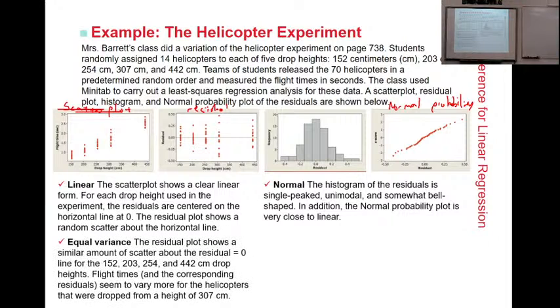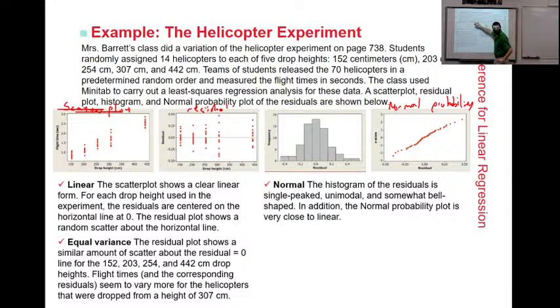Equal variance. This one's a little bit of a concern because we have these discrete different heights. And so we want the variance between those heights to be the same. If I look at the residual plot, here's my range of values. And so we want this range of values to stay consistent throughout. Uh-oh, now it's getting a little wider. Now it's a little wider.